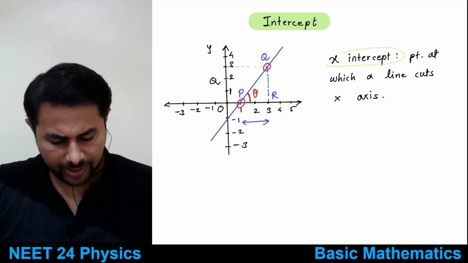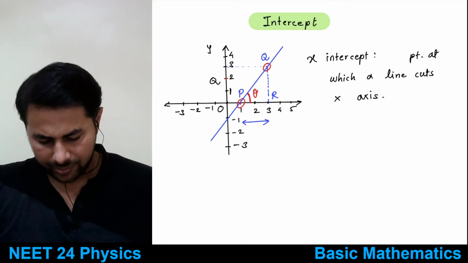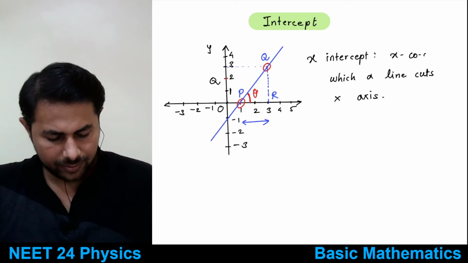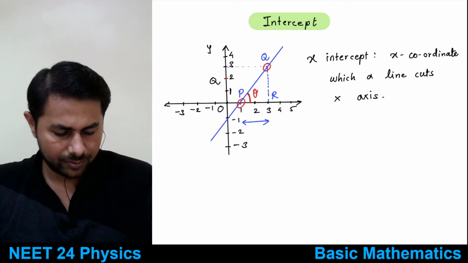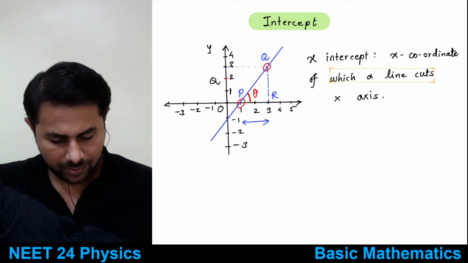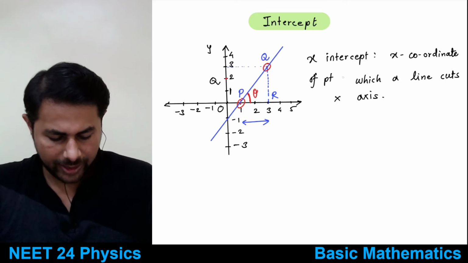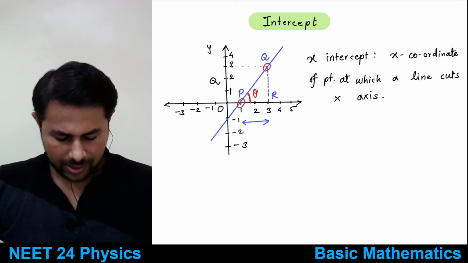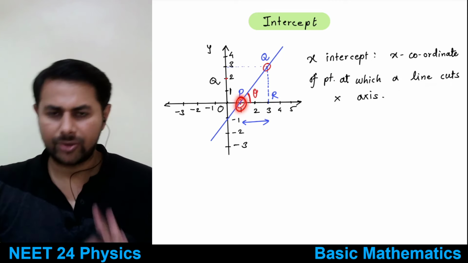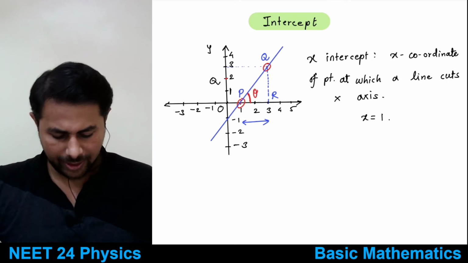So let me be specific: the x coordinate of the point at which the line cuts the x-axis. So what's that? It's equal to 1. So here for this specific example, x is equal to 1.